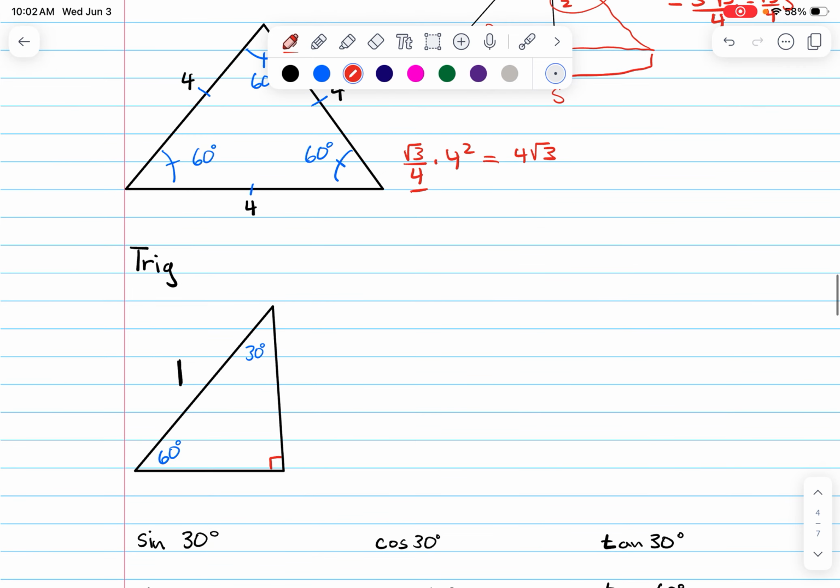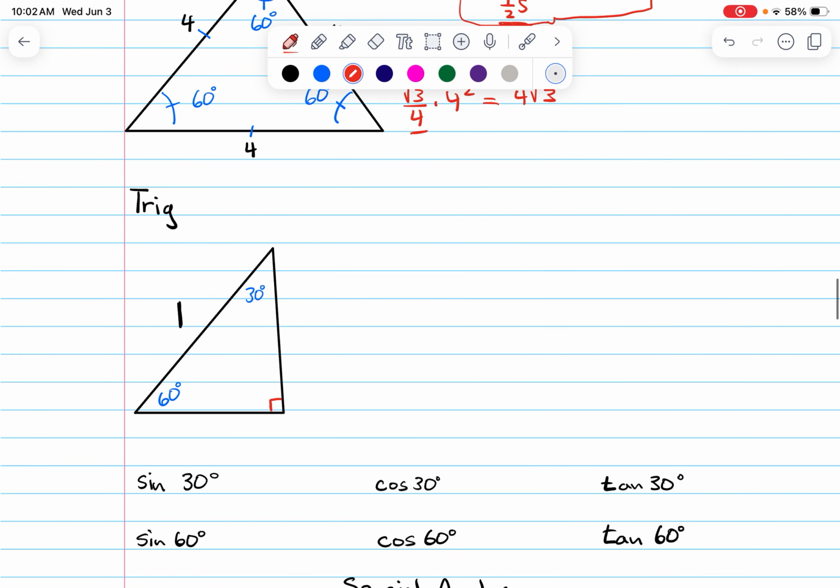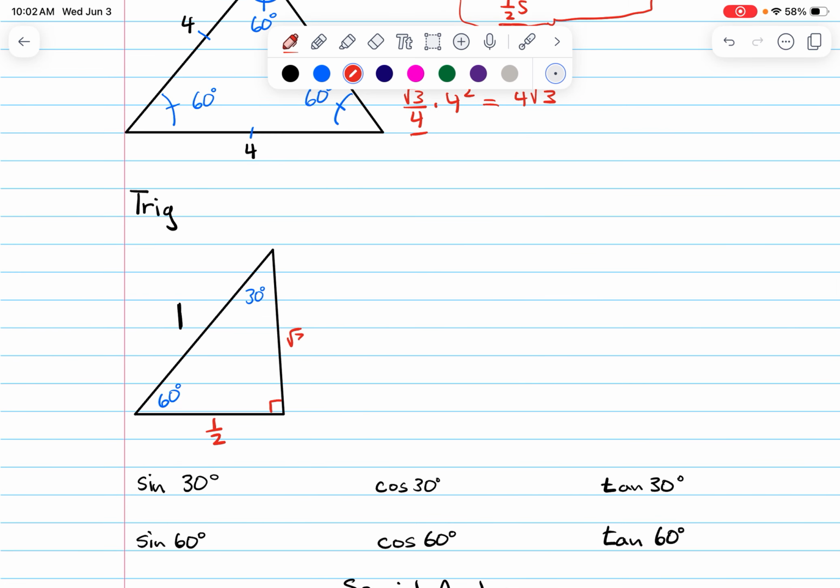Now, something else I want to point out here. Let's suppose that we have a 30, 60, 90 triangle. Now remember, we've already established that this side is 1/2, we're saying the side length is 1, and this is the square root of 3 over 2. Notice that the sine of 30, opposite over hypotenuse, is just 1/2.